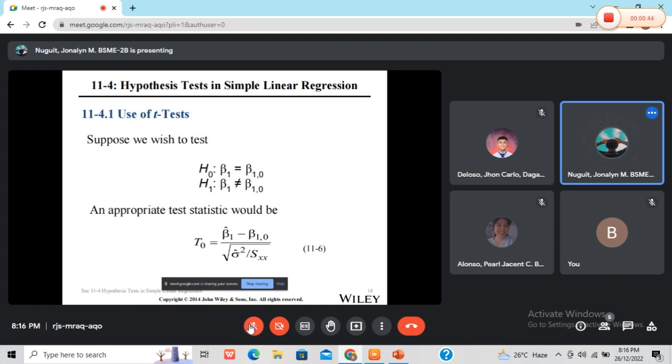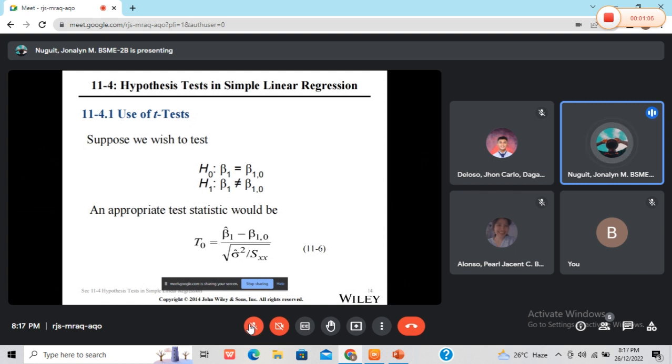As you can see on the screen, suppose we wish to test H sub 0, which is beta sub 1 is equal to beta sub 1,0, then H sub 1, which is beta sub 1 is not equal to beta sub 1,0.